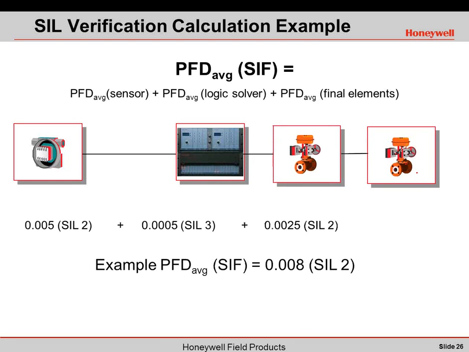So if we put two of these valves in series and we multiply their probability of failure, we come up with 0.0025. So our PFD average for this system then becomes 0.008, which falls under the SIL 2 range. In other words, this particular system, this safety instrumented function, would be 99.2% reliable.